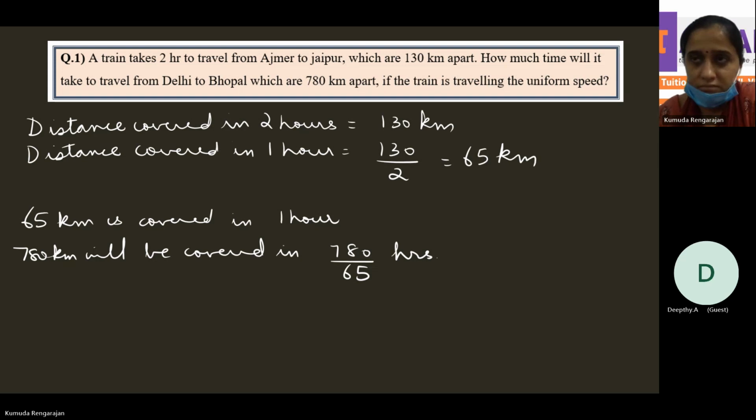Ma'am, 780 divided by 65 equals 12 hours. 12 hours, is it? Perfect. Very good.